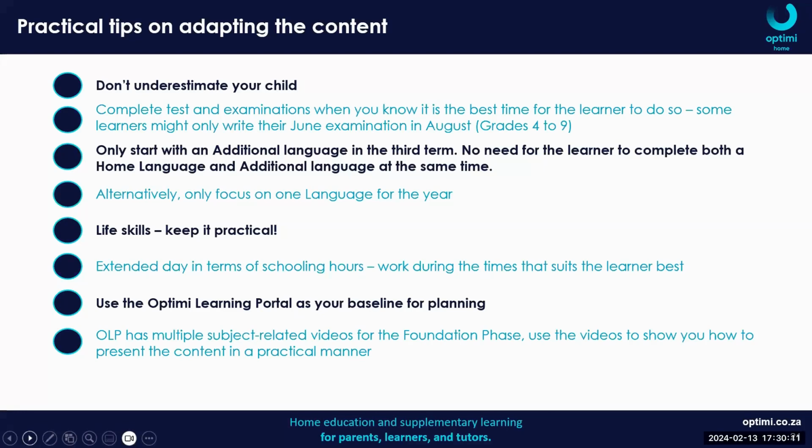Use the Optimi Learning Portal as your baseline, but also keep in mind that everything that's on OLP is not compulsory. And we often hear this from parents, that they get overwhelmed with the book work and the OLP work. A lot of the additional resources on OLP is there for additional practice. So have your child practice what they can. The only compulsory set of assessments, so to speak, that a learner needs to complete to be able to progress to the next year are those assessments that are on the assessment screen.